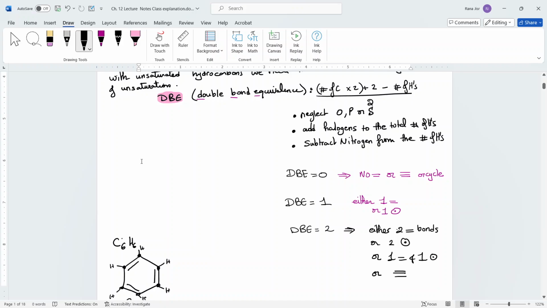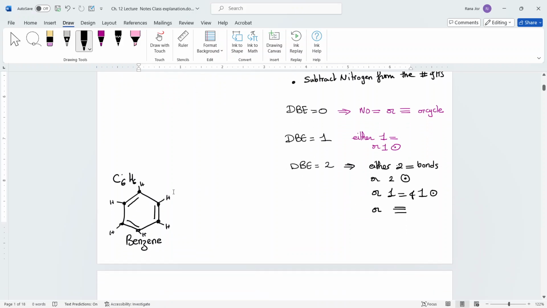Okay, so how will the question be? I would give you a structure and I would ask you, what is the DBE of this structure? Meaning, what is the double bond equivalence, or what is the degrees of unsaturation of this structure in here? So what you need to do is go ahead and figure out the molecular formula for it. And to figure out the molecular formula for it, here I'm giving you benzene.